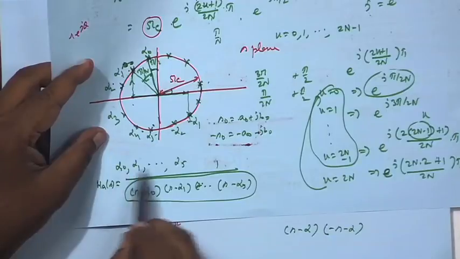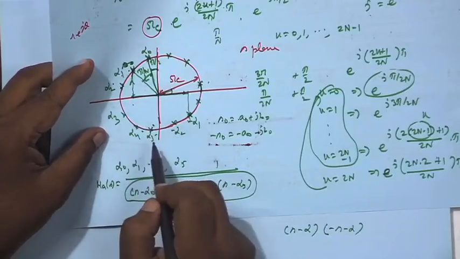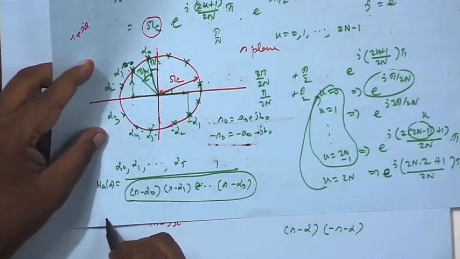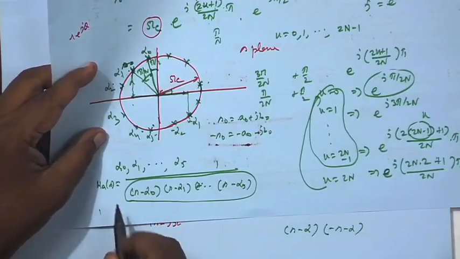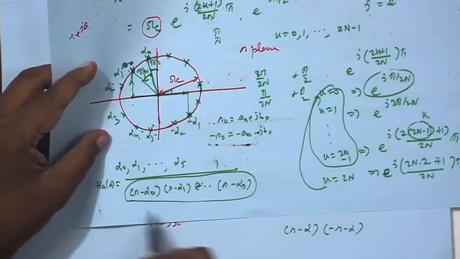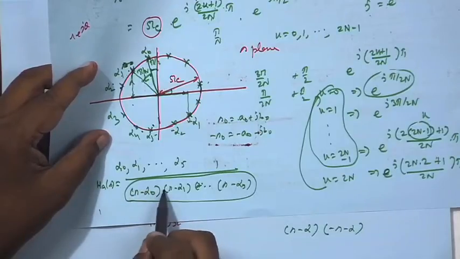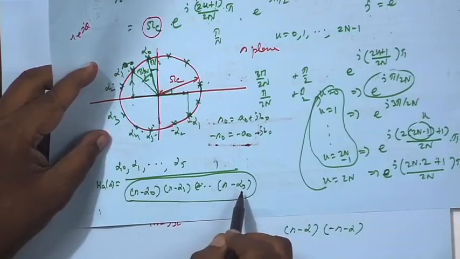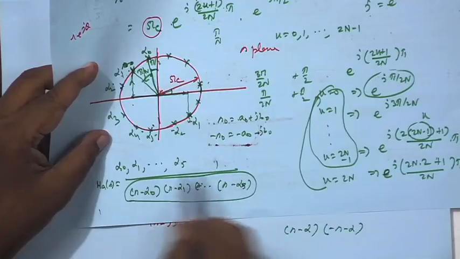That is, I assign these poles on the left-hand side of the S plane to H_A(S), and then obviously H_A(-S) will be what? It will be 1 by (-S minus alpha 0), (-S minus alpha 1), up to (-S minus alpha 5), and so on and so forth.